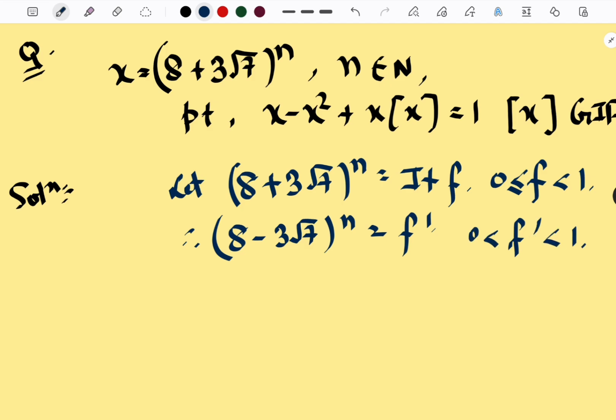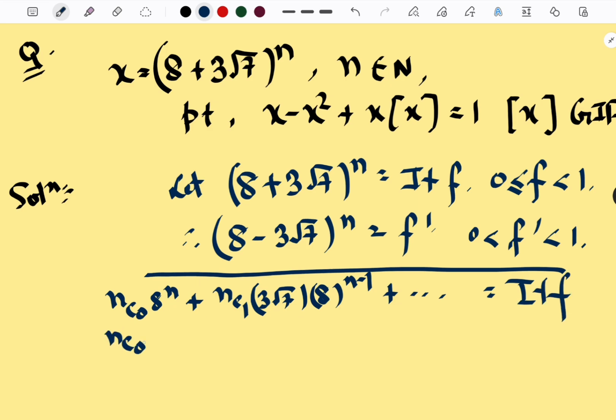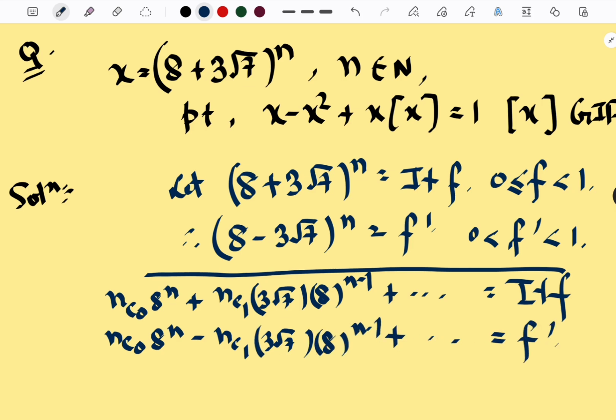Now what will we do here? We don't know whether n is even or odd, but we can expand it. How do we expand it? nC0 8 to the power n plus nC1 3 root 7 into 8 to the power n minus 1 plus it goes on, that will be equal to I plus F. And nC0 8 to the power n minus nC1 3 root 7 into 8 to the power n minus 1 plus something, that is equal to F dash.